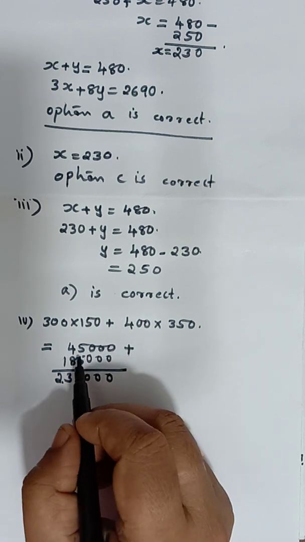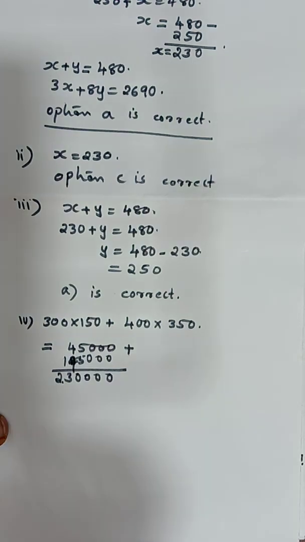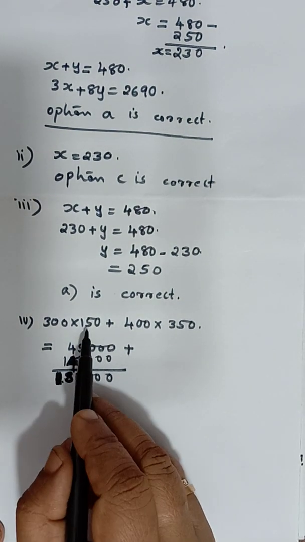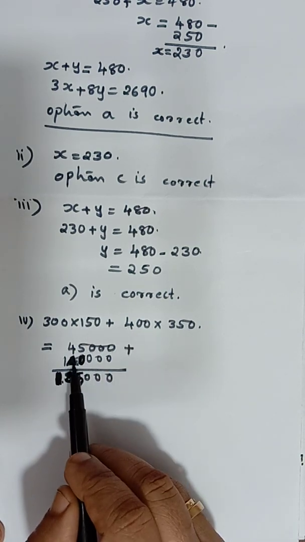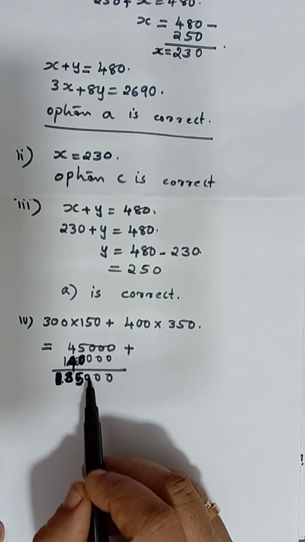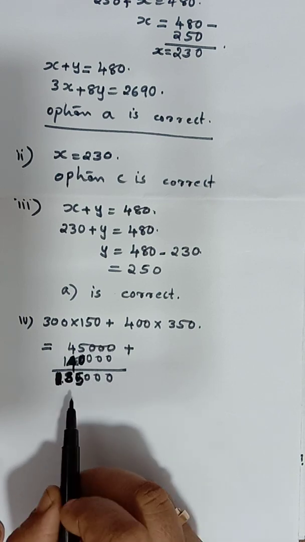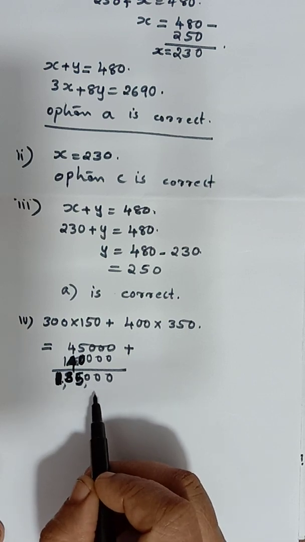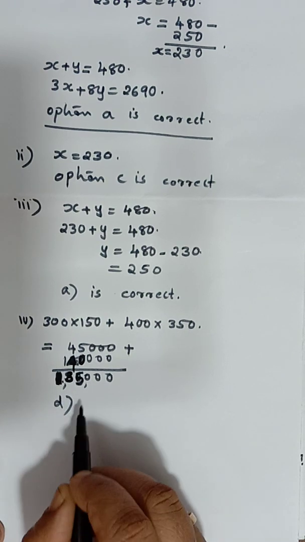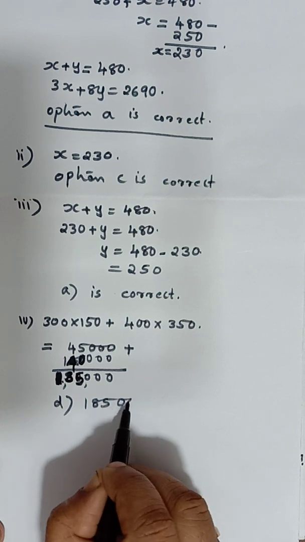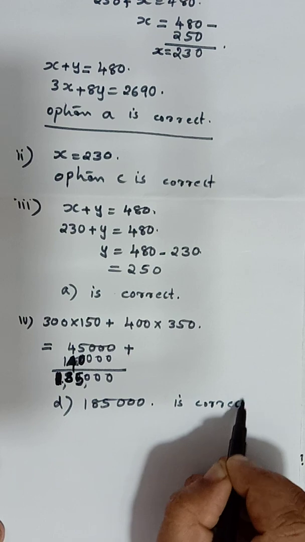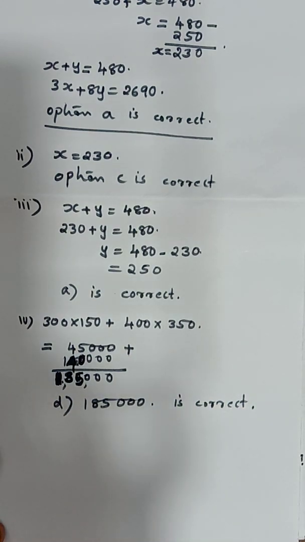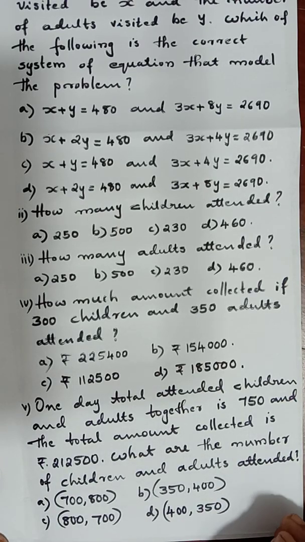So it is 45,000 for children and 400 into 350 will become 35 into 4, which is 140. So while adding we are getting 1 lakh 85,000 rupees. So option D is correct. 1 lakh 85,000 rupees. Option D is correct. Now we have to move on to the fifth question.